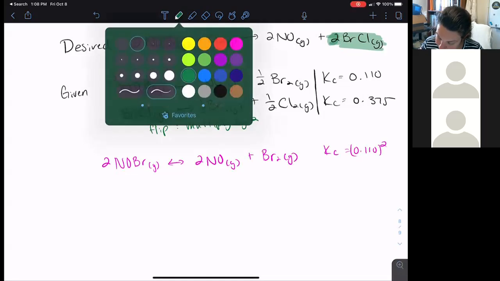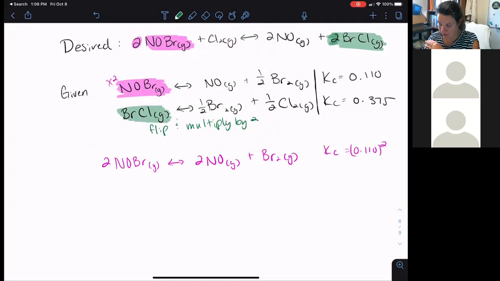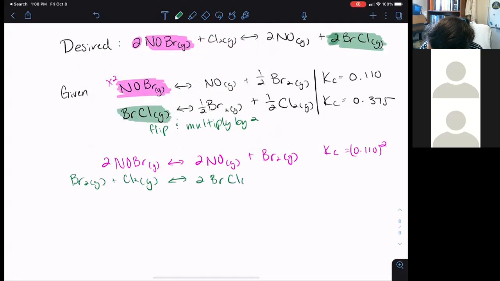Okay. And then for our second one, we're going to flip it and multiply by 2. So we get Br2 gas plus Cl2 gas goes to 2 BrCl gas. And our Kc, we are going to take it over 1 because we flipped it. And then we're going to square it.